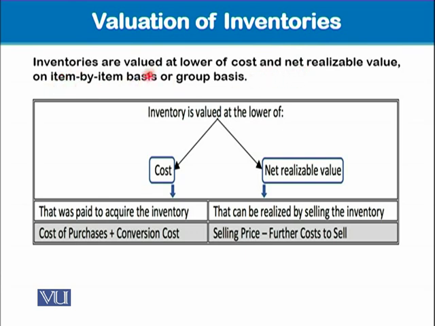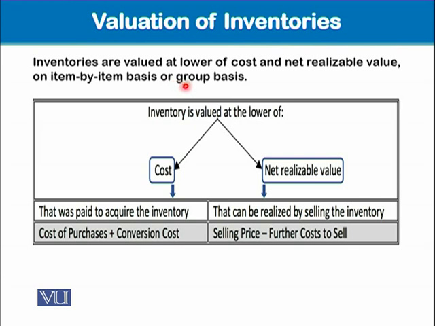But this valuation is done on an item by item basis or on a group basis. When we say item by item, it means if we have 10 items of inventories in our inventory list, all those 10 items will be worked out for their lower of cost and net realizable value separately.